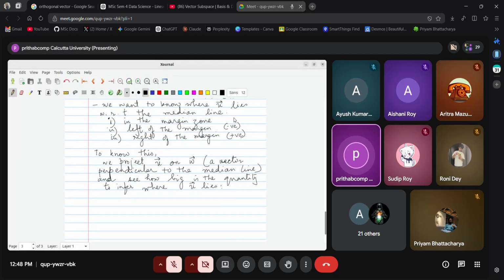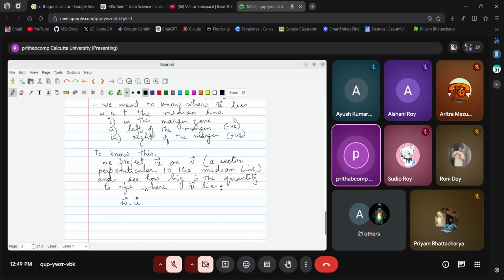So now what I have written right now, that we project U on W and see how big is the quantity to infer where U lies. So we know from our linear algebra basics that this projection C, how you can write it? W is a vector and U is a vector.